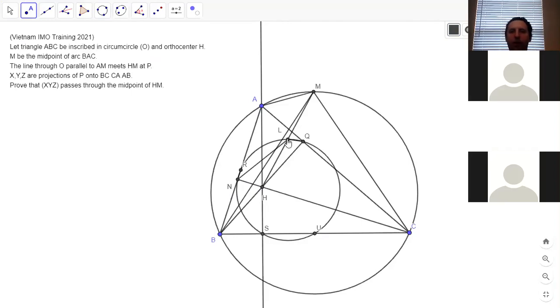We know L lies on the 9-point circle because it's the midpoint of HM, and a homothety about H takes the 9-point circle to the whole circle. So we can prove it. Angle chase, easy. So back to the original problem, we got the circle passing through the midpoint of BC. So how do we angle chase it? Angle LQA.